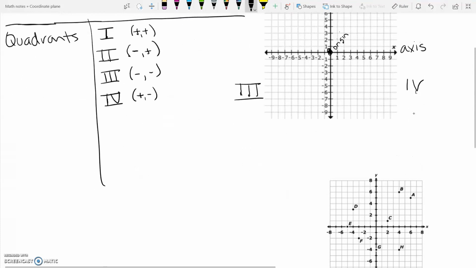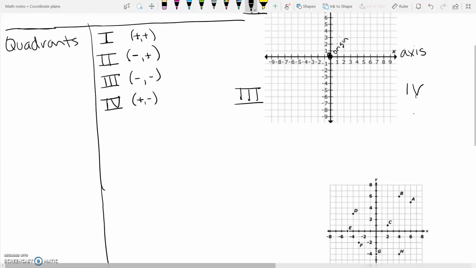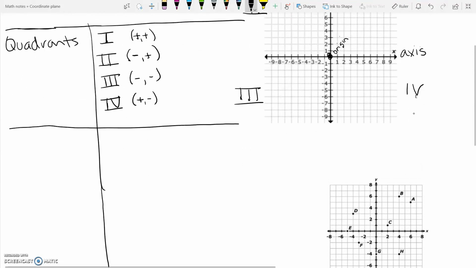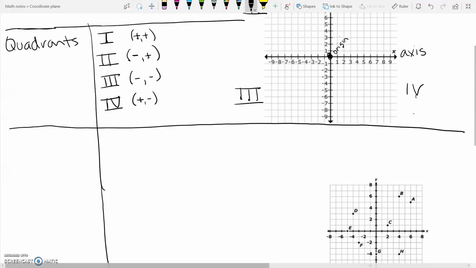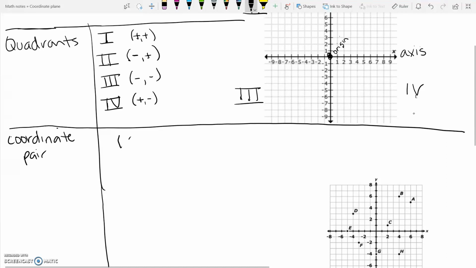Coordinate pairs. Okay, so a coordinate pair is written as x, comma, y.